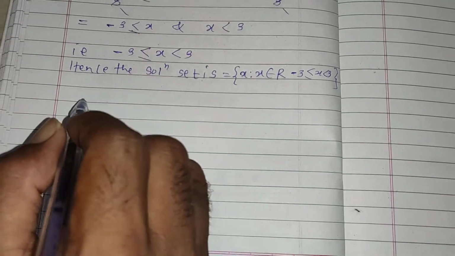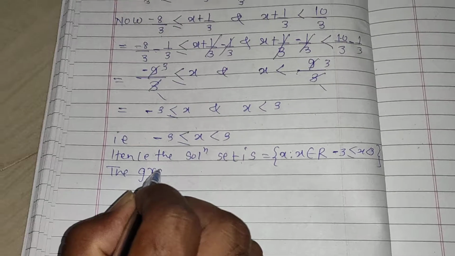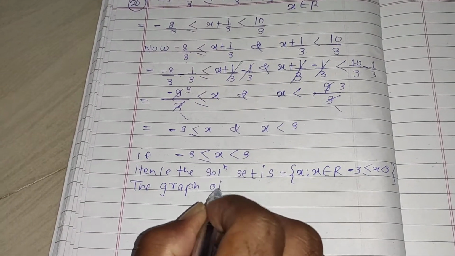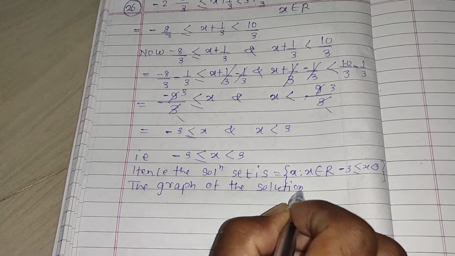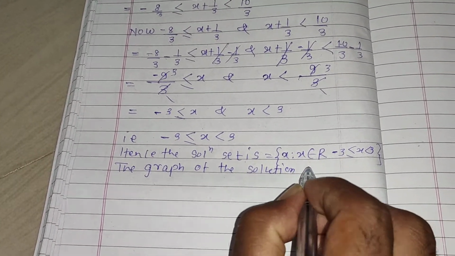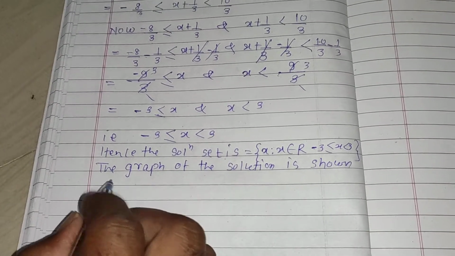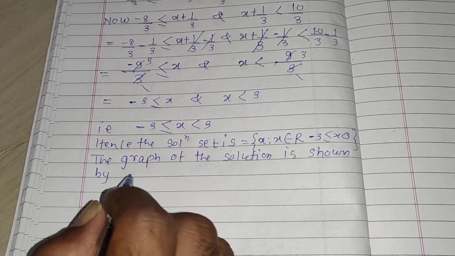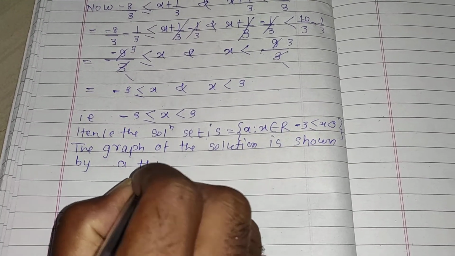We have to show by the graph. The solution is shown by a thick portion of a number line.